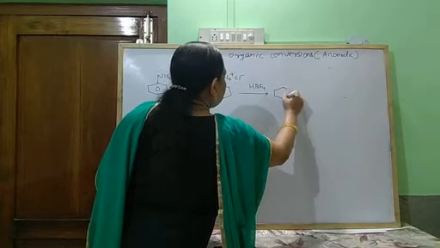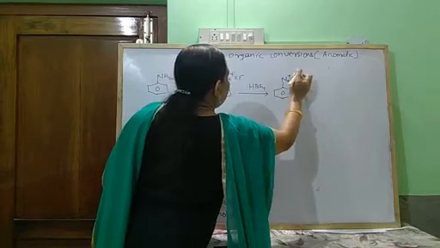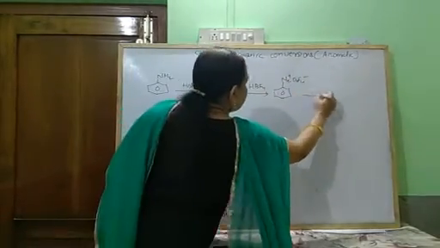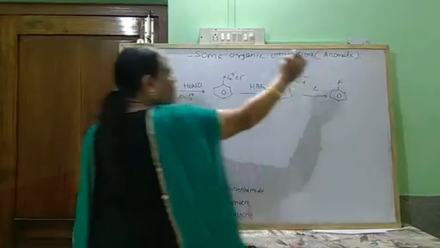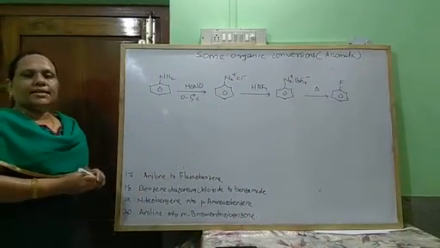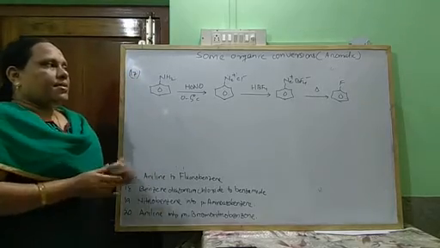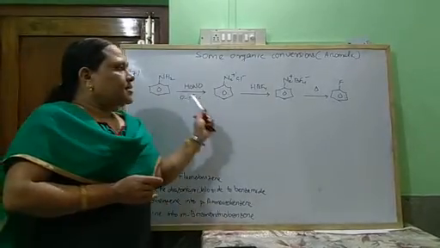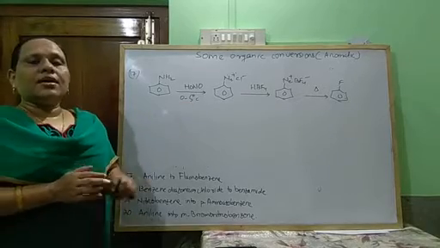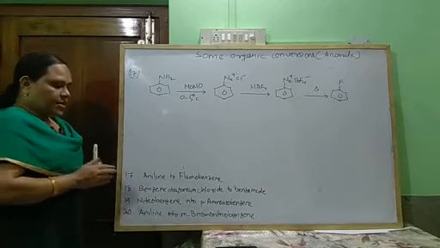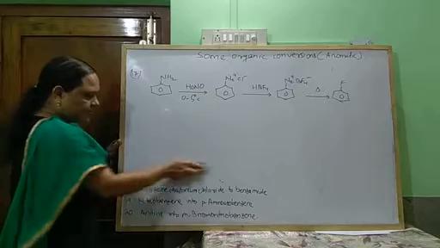It forms benzene diazonium tetrafluoroborate. And this, when heated, forms fluorobenzene. So this is aniline to fluorobenzene. This conversion of benzene diazonium chloride to fluorobenzene, or aniline to this, is known as the Balz-Schiemann reaction.